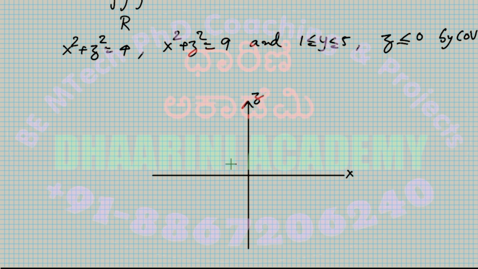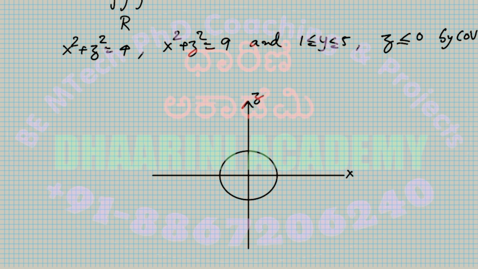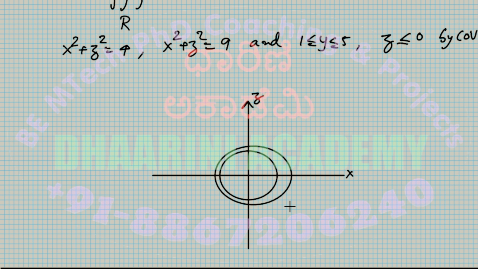Let me say this is circle number one, and I also have another circle, slightly bigger than this, correct? Okay, fine.